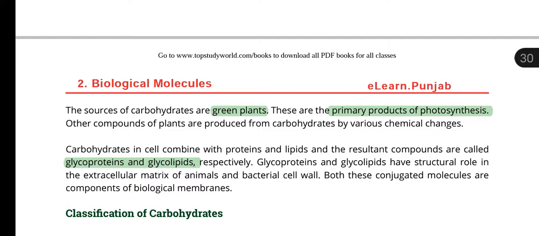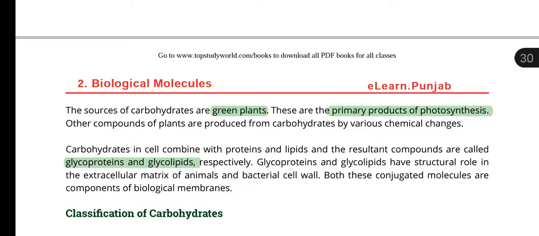When conjugated molecules are formed, if the end word is protein, it means the combination contains more protein and less carbohydrate. If we have glycolipids, it means there will be more lipids and less carbohydrates. Then there are proteoglycans.